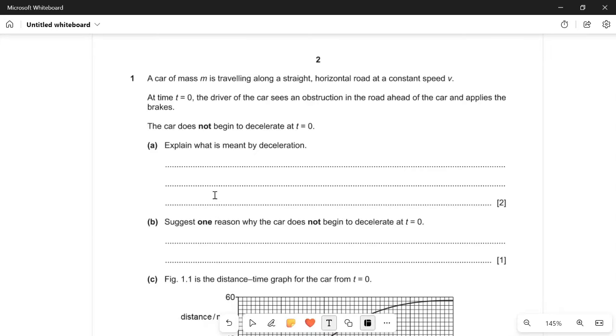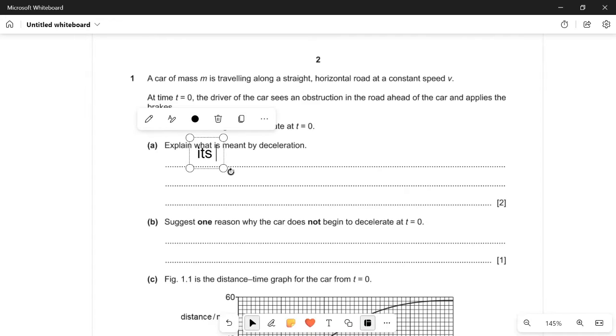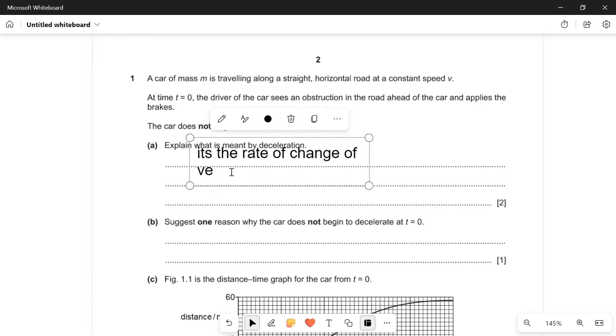So to define deceleration, it's basically acceleration, but with decreasing speed. So what we can write is, it's the rate of change of velocity.